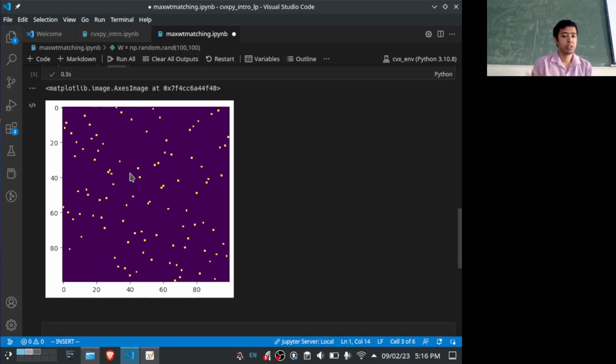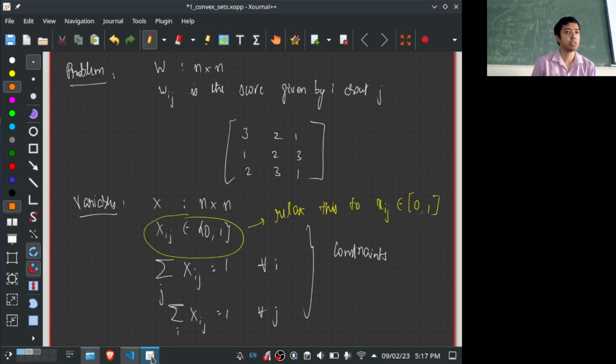Right, so again, CVXPy is a very useful tool because using just a few lines of code, you can solve something as complicated as this. Now, this is not the most optimal way to solve this particular problem of maximum weight matching. There's been a lot of development in this area, maybe one or two decades ago.